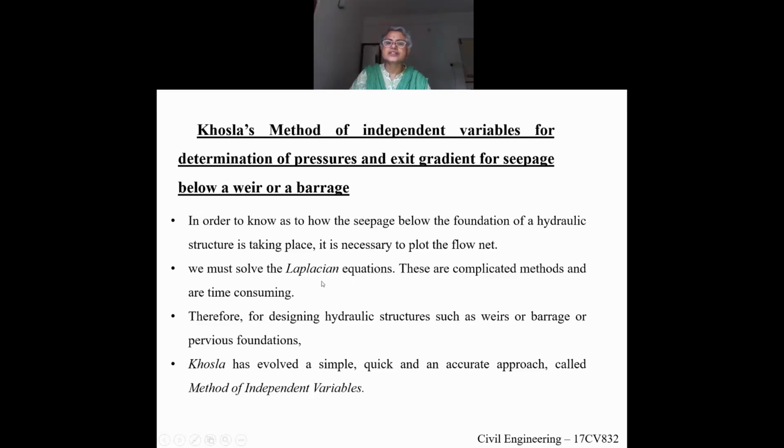And these flow nets are represented by two sets of orthogonal curves. One is the flow lines or the stream lines, and the second one is the equipotential lines, which are orthogonal to each other and can be represented by the Laplace equation. But these are complicated and time consuming methods. Solving this Laplace equation will take a lot of time.